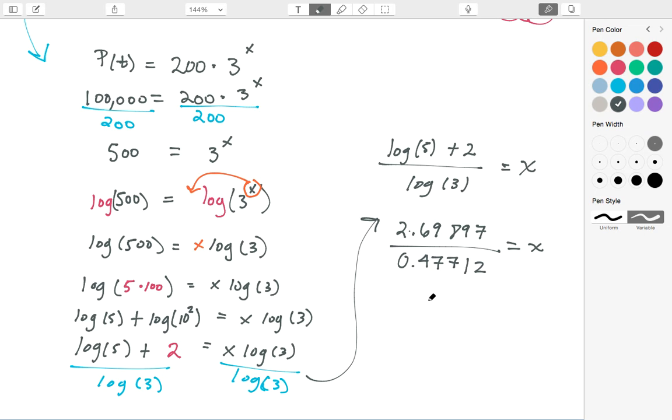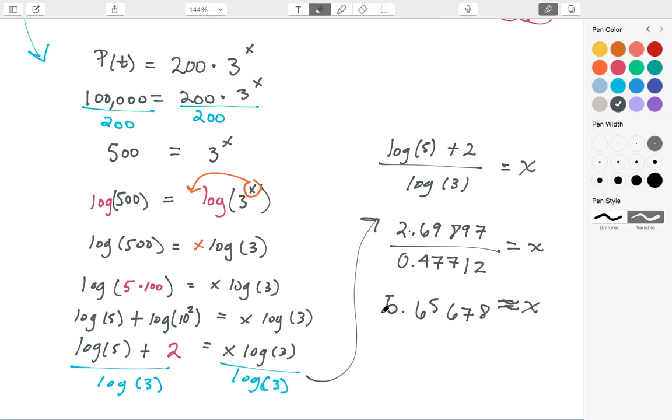When I divide those two values together, log of 5 plus 2 divided by log of 3, I should get 5.65678. So about that much if I'm going to round.